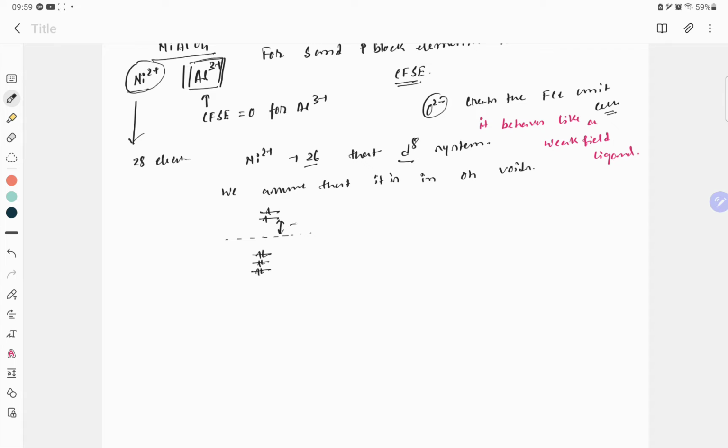Now you have to calculate the CFSE. This energy is plus 0.6 delta 0, this energy is minus 0.4 delta 0.